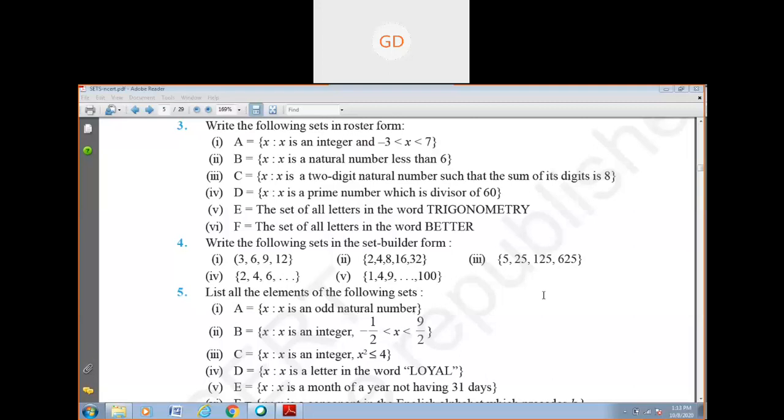All the examples of sets given in question number 3 are in set builder form, and the sets given in question number 4 are in roster form. So these sets we have to express in set builder form, like the sets given in question number 3.